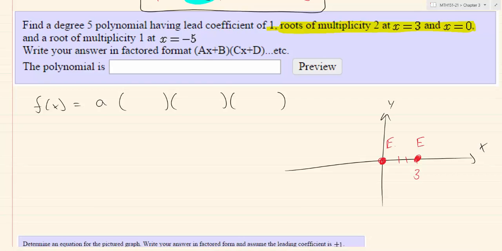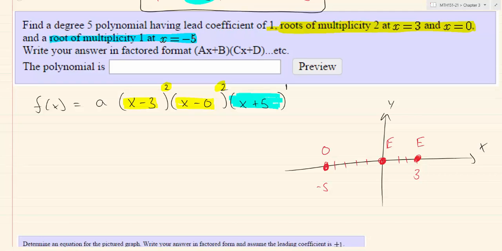And then at negative 5, 1, 2, 3, 4, 5, negative 5, we have another x-intercept that is odd multiplicity, multiplicity of 1. And so just graphically, kind of understanding what we're doing. So the yellow portion here is going to give us this information.